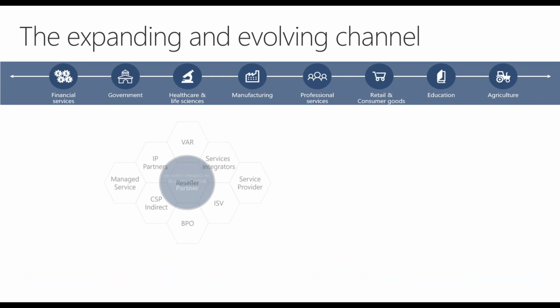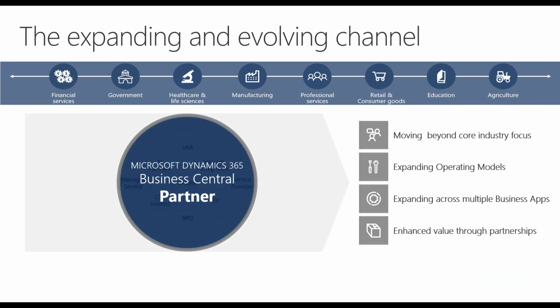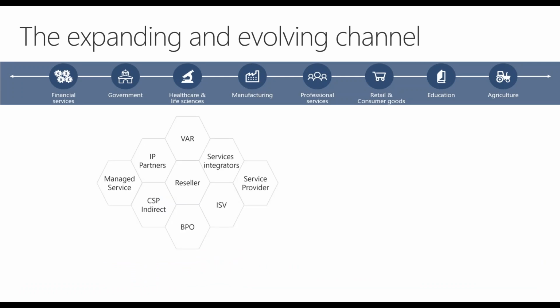So from a partner perspective, our channel is evolving. What we used to see is partners specializing in one industry and sticking in that industry and really trying to service that industry. Now we're seeing partners create their own IP, but also take on other ISV solutions to become a reseller and address other channels.